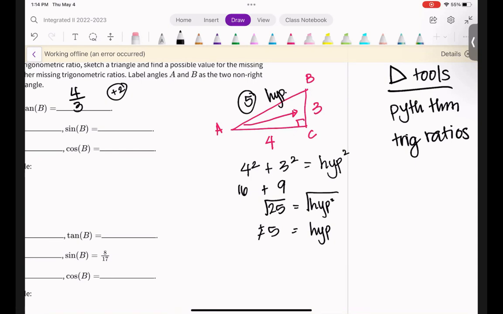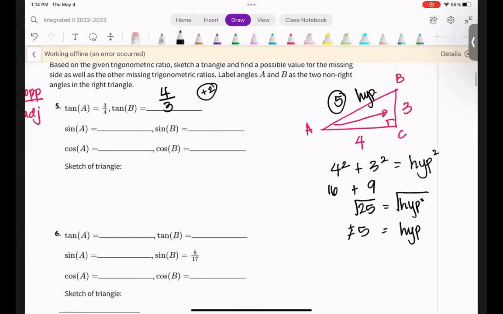So now that my hypotenuse is known, can you find sine and cosine? Go ahead and fill this out. Very good. Nice work. Yeah, some of you need to make sure that this work gets captured, right?